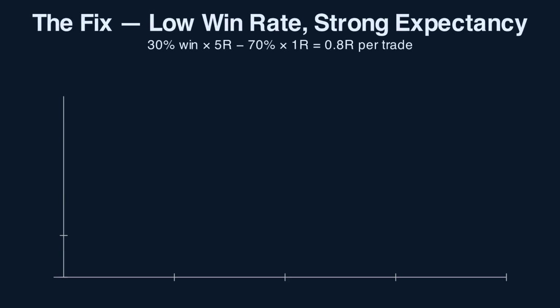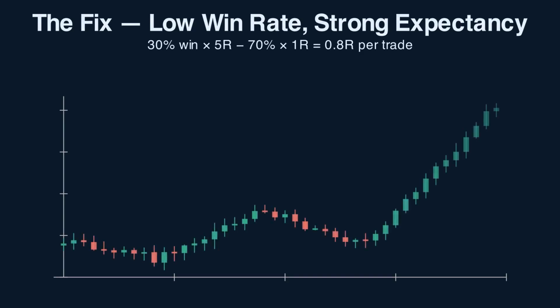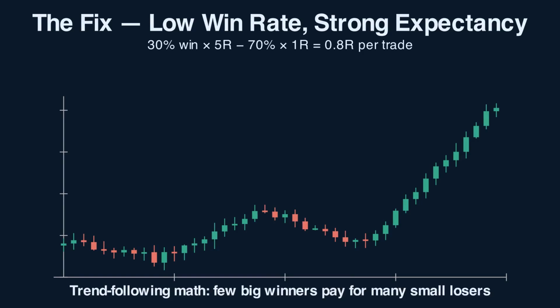Now the example most traders misjudge. A trend-following strategy with a 30% win rate looks broken at first glance, but the average winner is 5 R and the average loser is 1 R. Expectancy calculation. 0.3 times 5 equals 1.5 R won. 0.7 times 1 equals 0.7 R lost. Net 0.8 R per trade.